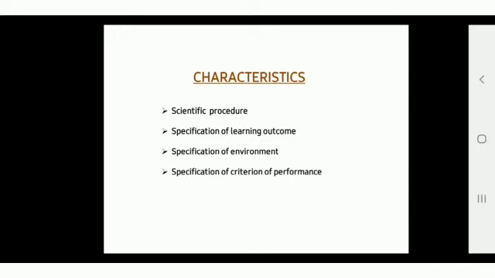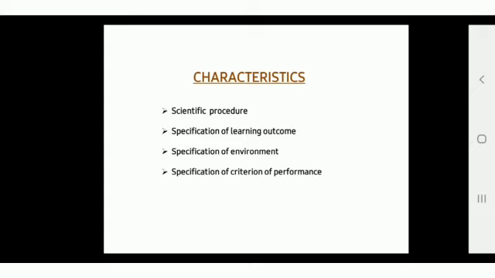These models of teaching have certain characteristics. Scientific procedure: models of teaching are scientific procedures to modify the behavior of the learners. Specification of learning outcome: models of teaching specify the learning outcomes or instructional objectives in terms of observable and measurable performance of students.